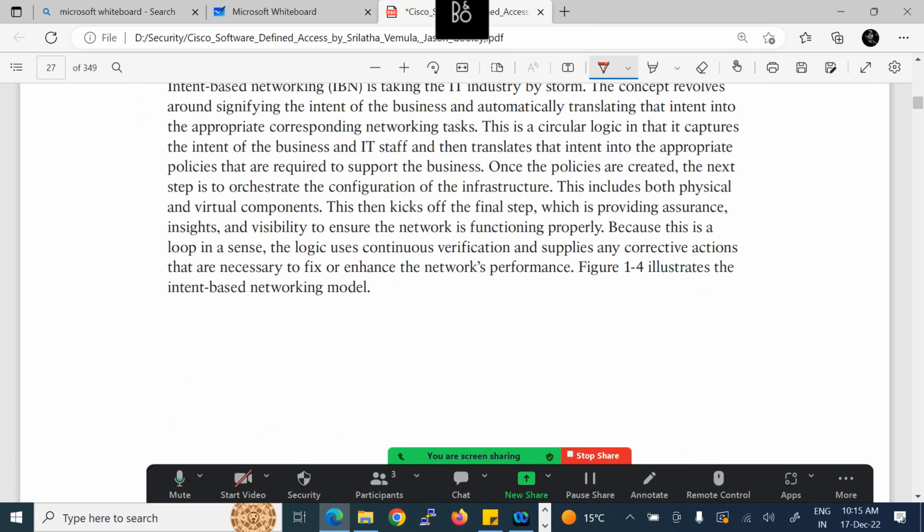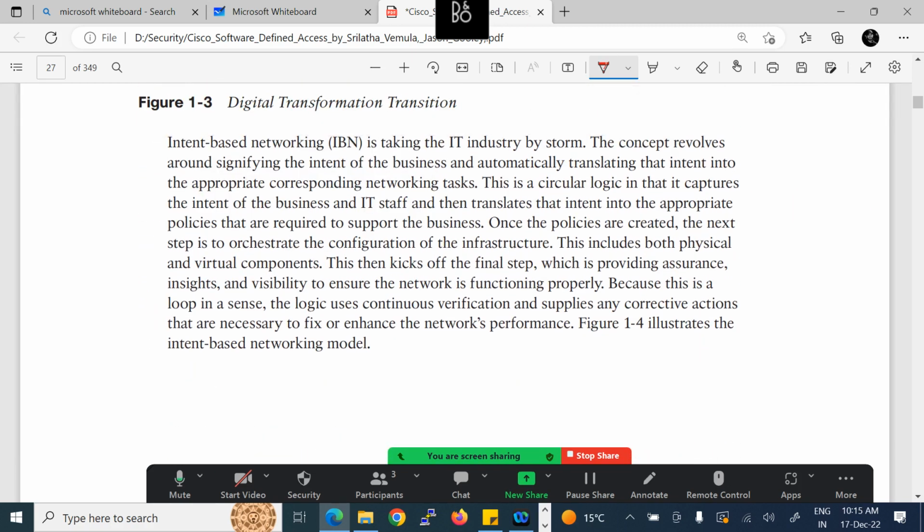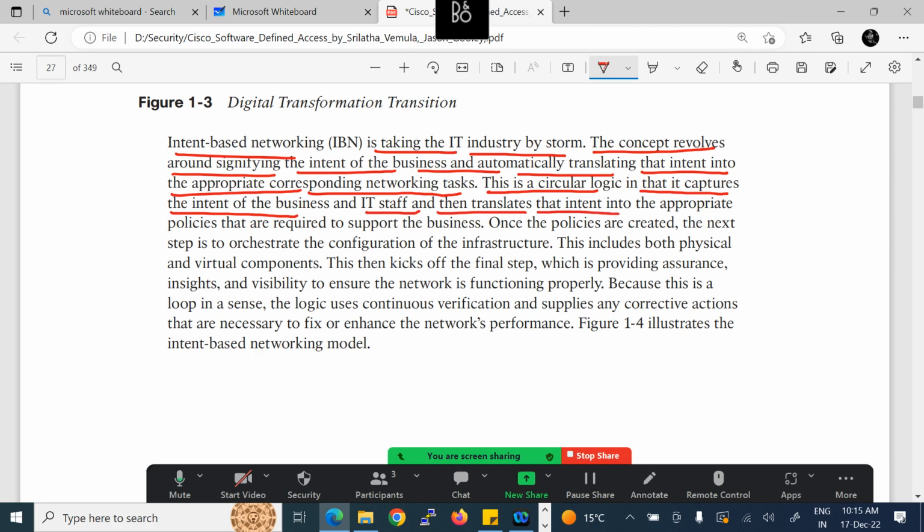Now you can see here that intent based networking is taking the IT industry by storm. The concept revolves around signifying the intent of the businesses and automatically translating that intent into the appropriate corresponding networking tasks. This is a circular logic in that it captures the intent of the business and IT staff, then translates that intent into the appropriate policies that are required to support the business.